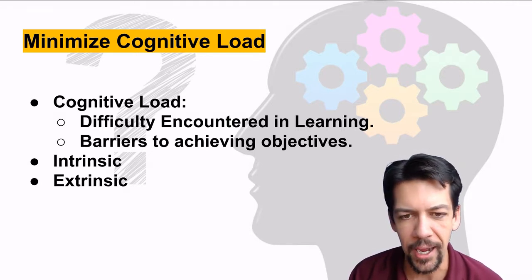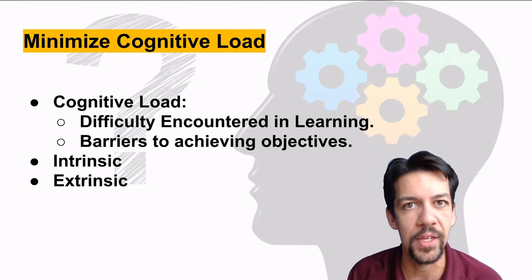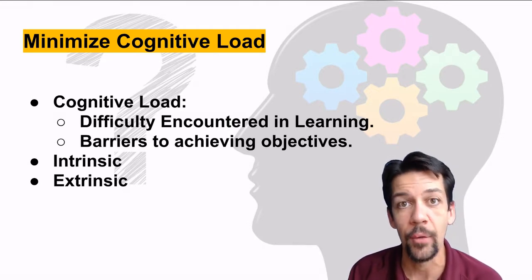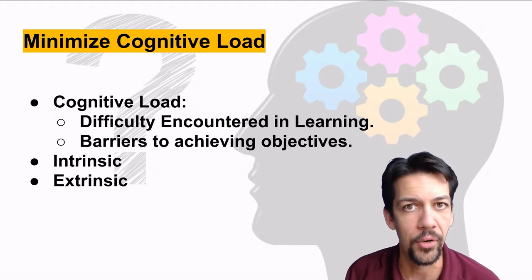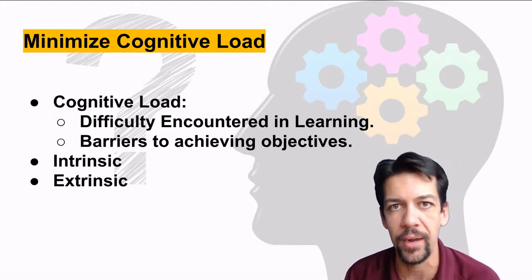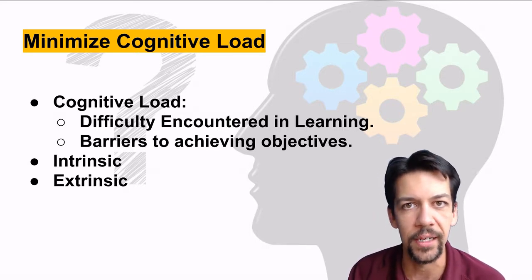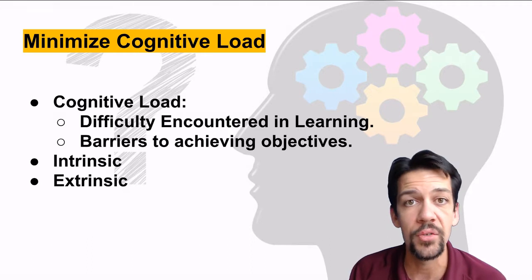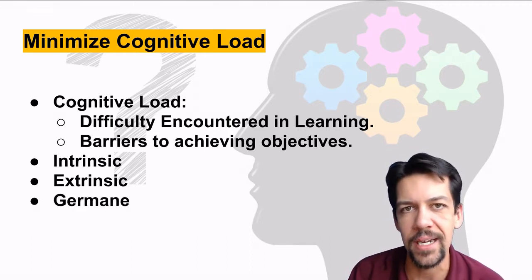It's the extra difficulties that are separate from the core thing that they're trying to learn, right? And we want to try and minimize any extrinsic cognitive load on students. As teachers, we definitely want to do that. We're familiar with this all the time, creating a safe, clean learning environment for students to accomplish the best that they can. And then there's the germane cognitive load.